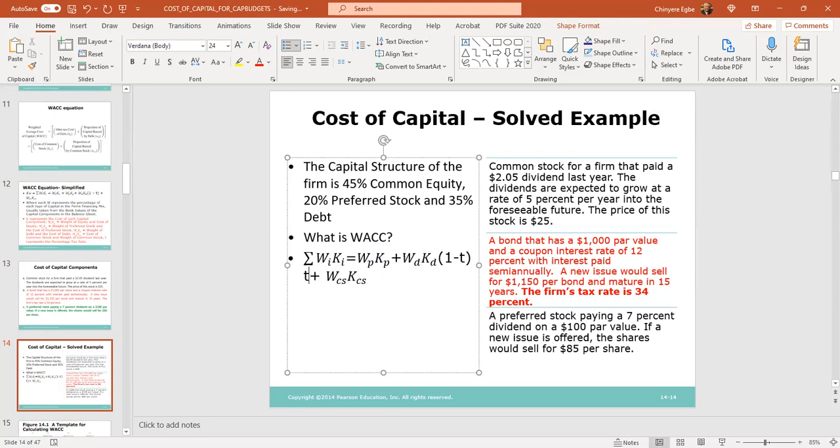Okay, so I just want to make things a little clearer for everybody. So what is the cost of preferred stock? We already know how to calculate the cost of preferred stock, but I'm going to illustrate it here. The cost of preferred stock, as we know, is equal to D over P. Here we have a 7% dividend.